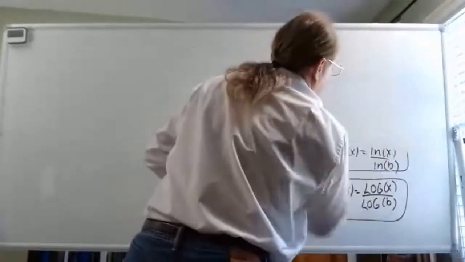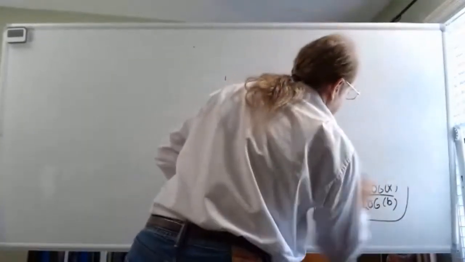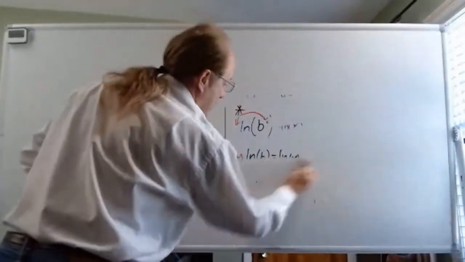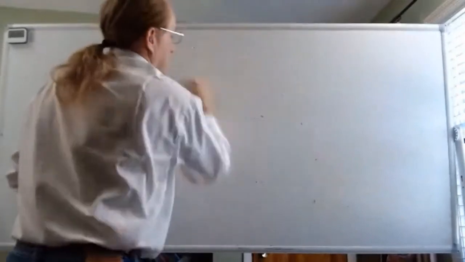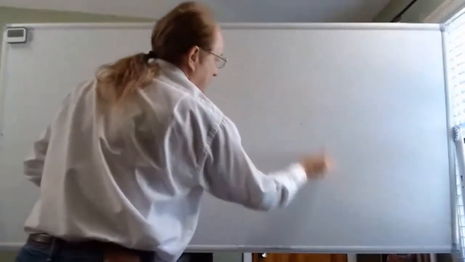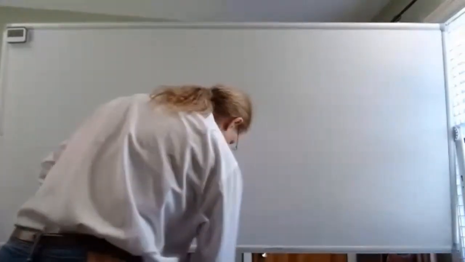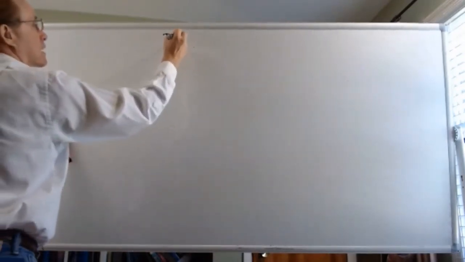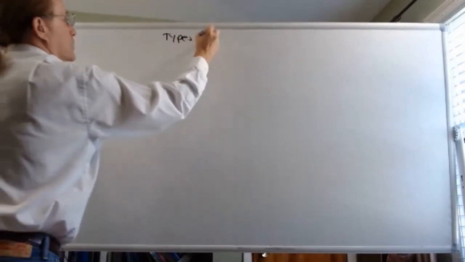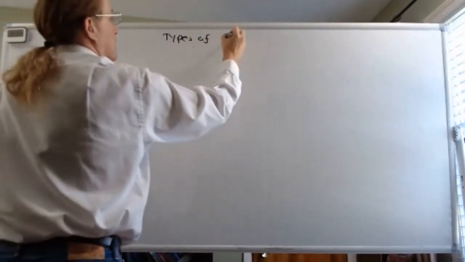And the types of functions, just as a summary over here that we use, are the algebraic functions that we covered, and the transcendental functions that we covered. So the types of functions we're looking at throughout the rest of the course, they're going to come in two different varieties.